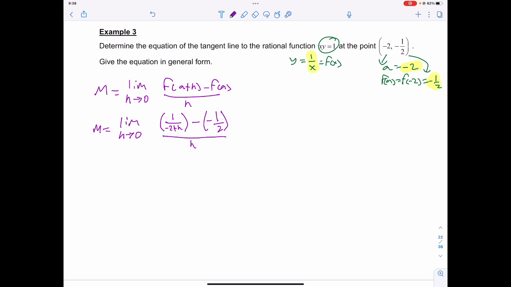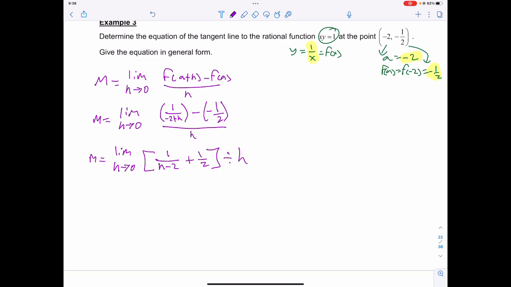Now, because I have rationals in the numerator, I'm probably going to rewrite this in a simpler way. I'm going to say that the slope is equal to the limit as h approaches 0 of 1 over -2 plus h. I'm probably going to change to h minus 2. Just change the order of the sum. And if I have the negative of -1/2, I'm going to say it's +1/2. And this is all being divided by h.